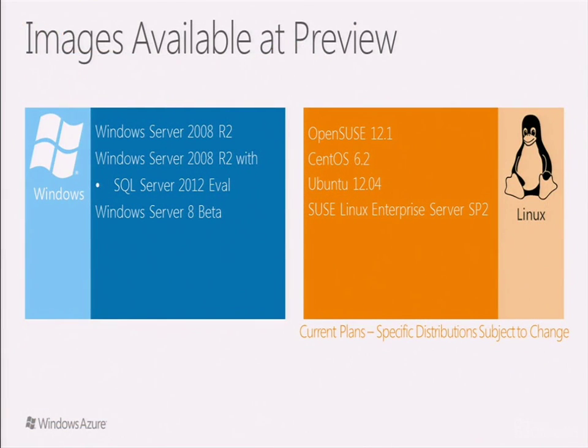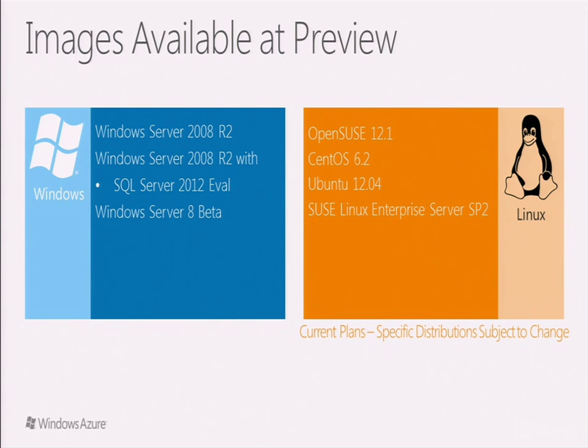So if you want to see the list of OSs that are available at launch, or, well, I don't know if it's available at launch, I'm hoping the list will expand. But today, during the beta phase, we do offer a couple of versions of Windows Server 2008 R2, as well as Server 8 Beta, or now Server 2012 release candidate.